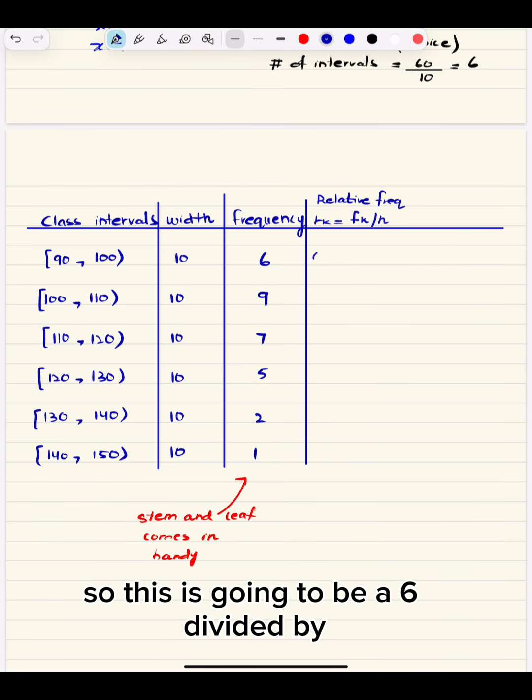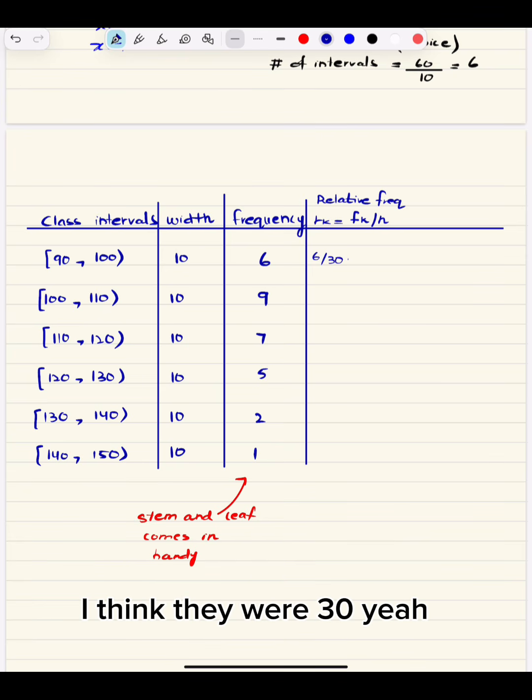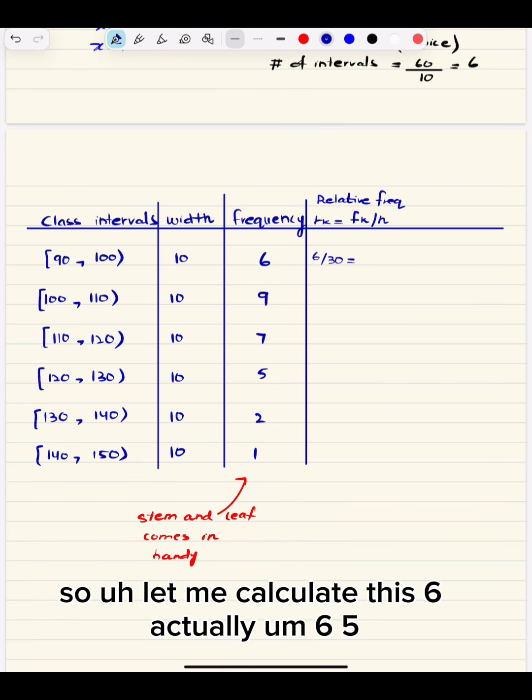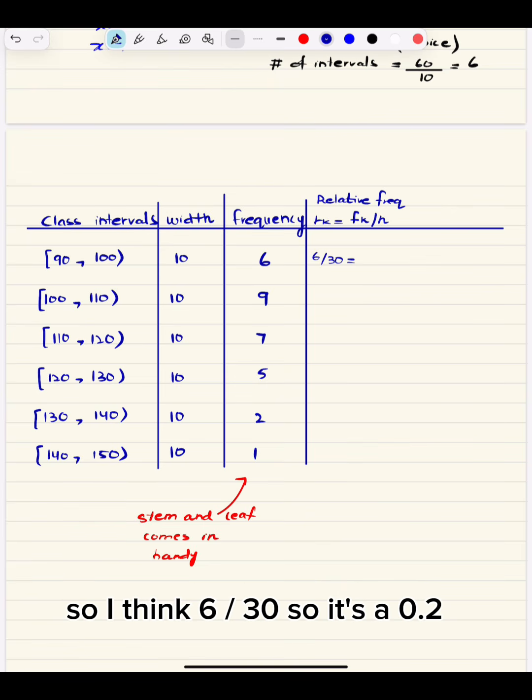So this is going to be a 6 divided by, I think they were 30. Yeah, so let me calculate this. 6 divided by 30, so it's a 0.2.